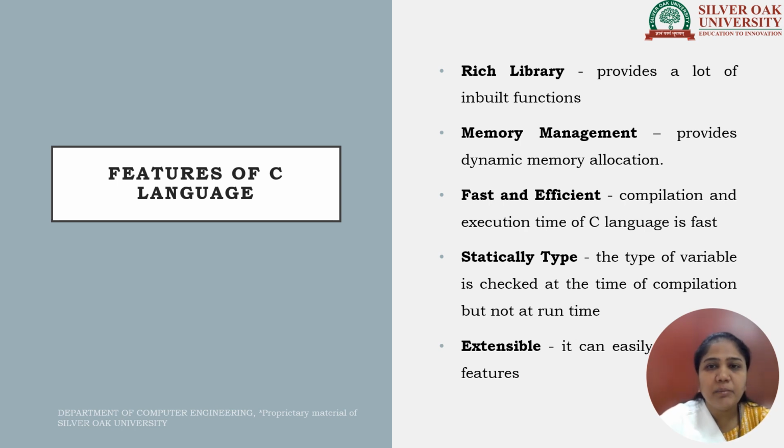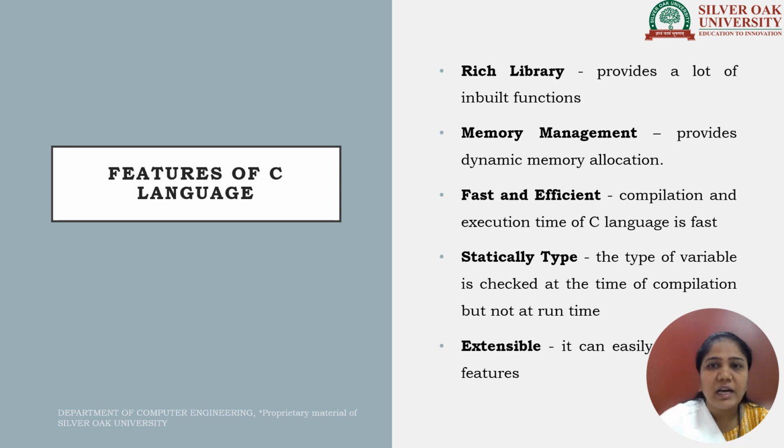Next feature is the rich library. It provides a lot of inbuilt functions. Any programming language has two types of functions, either inbuilt or user defined. Inbuilt means the functions which are provided by the system itself. They are readily available functions. So the C programming language has a rich library.